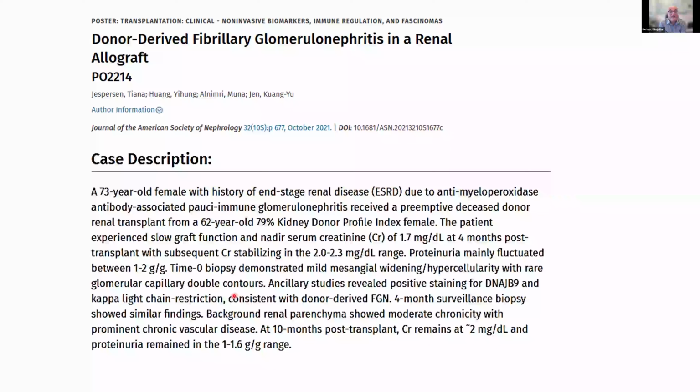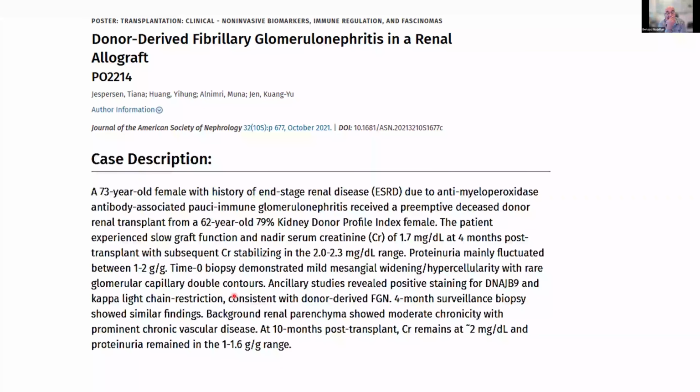In that case, at least we know there was this 4-month persistence of fibrillary GN. So, any questions about this case? Any discussions before we move on?